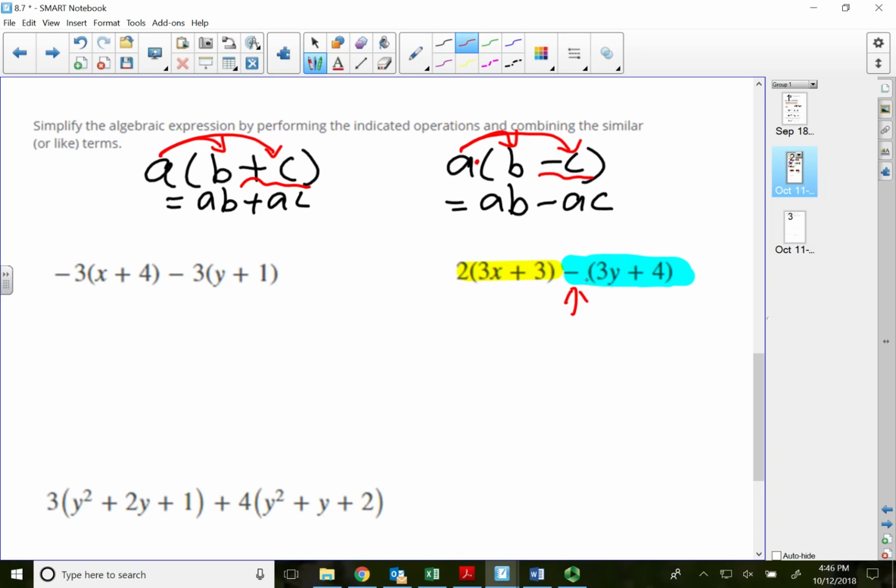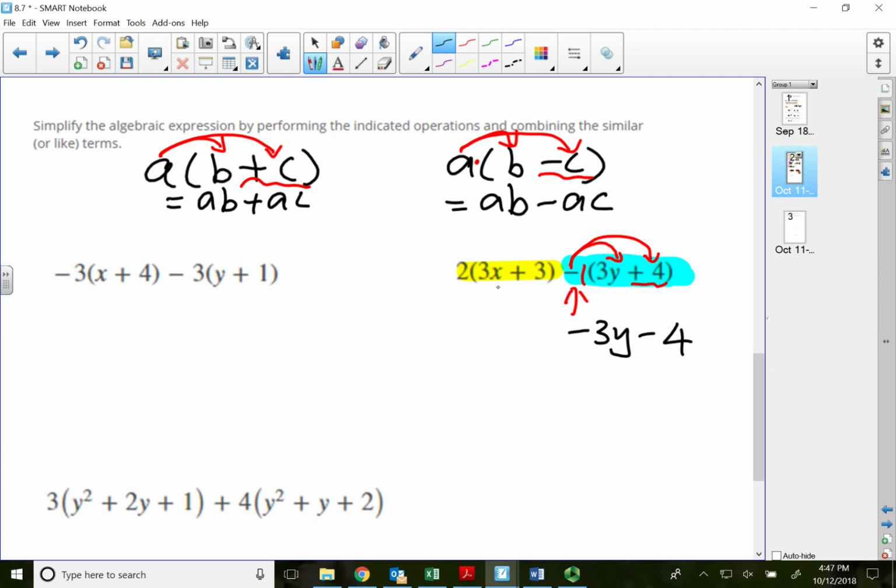What number do I use to do my distribution? If you don't see one, it has to be a 1 there. So we read this as negative 1 times 3y, which gives negative 3y. Then negative 1 times positive 4 gives negative 4. So that's the second term doing distribution.